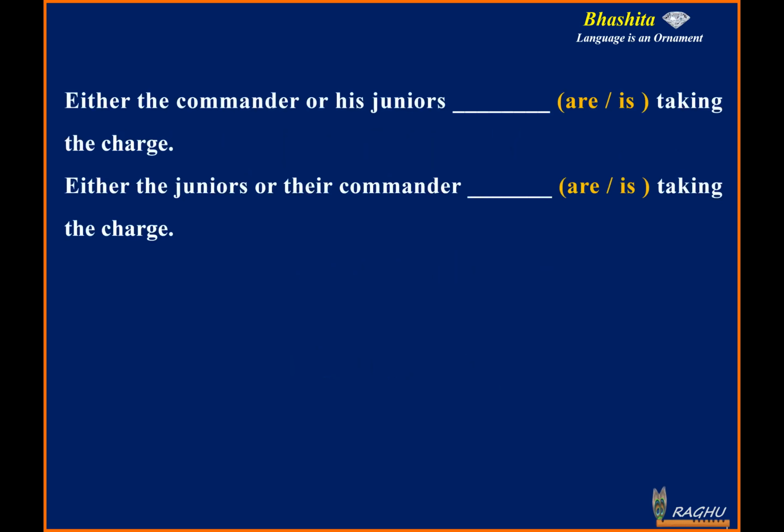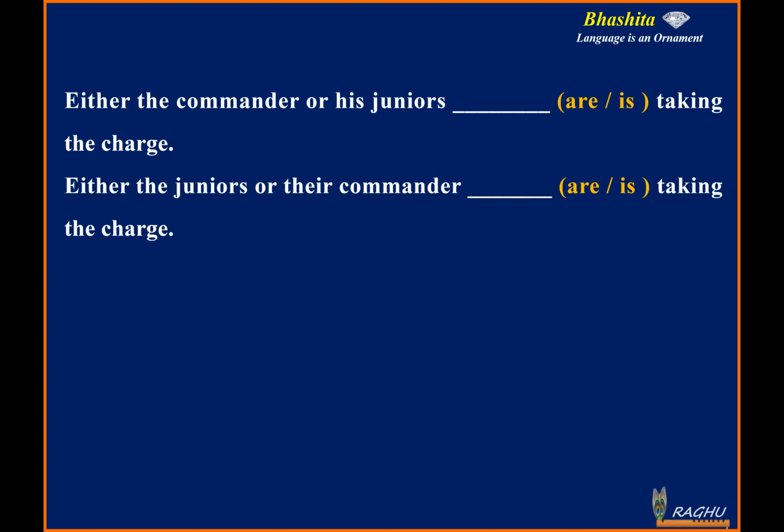Students, I have given two sentences on the screen. So let me read out the two sentences, dear students. Either the commander or his juniors are taking the charge, or is taking the charge. The options are "are" and "is". What is the right option?